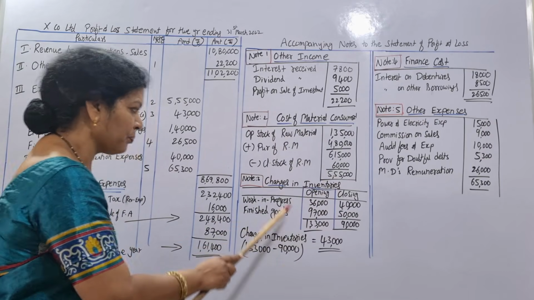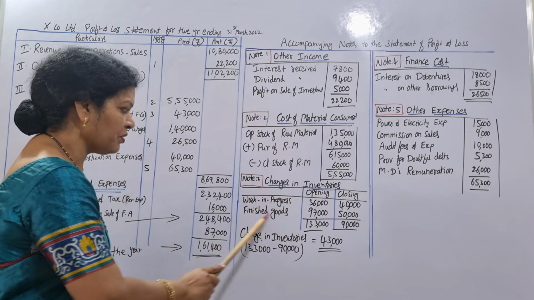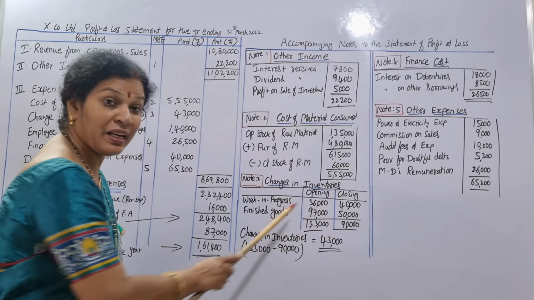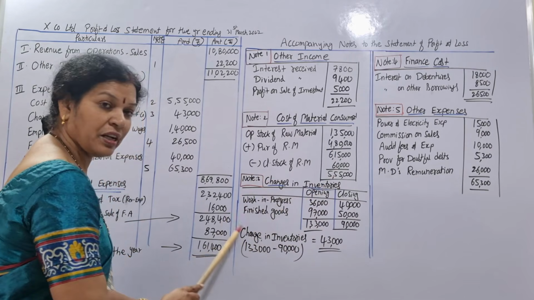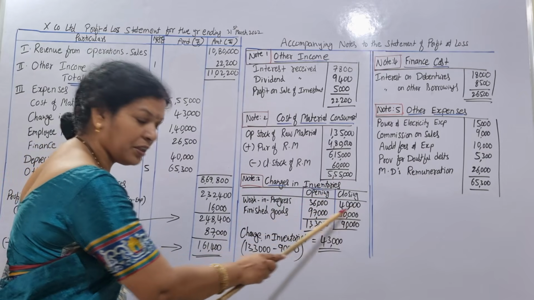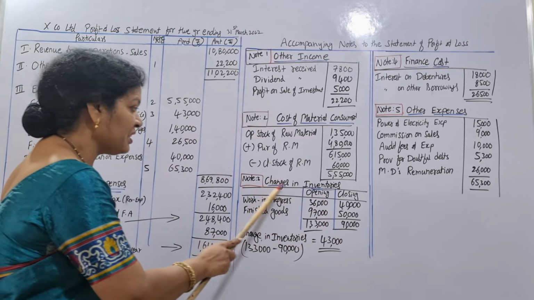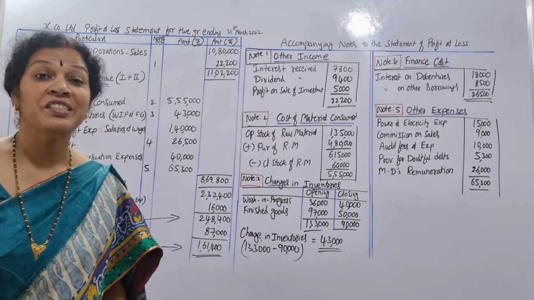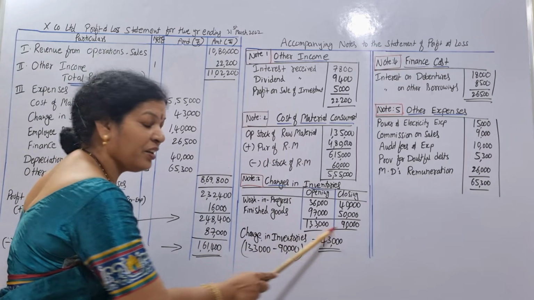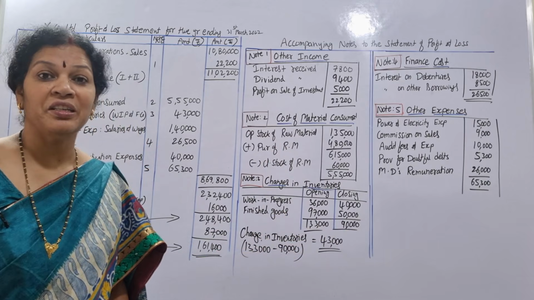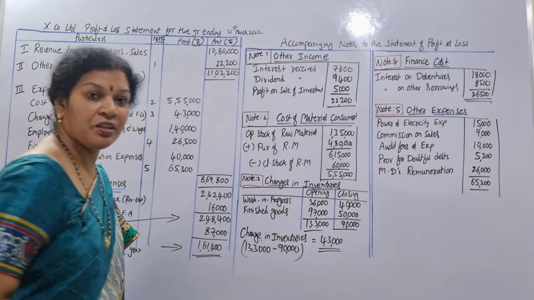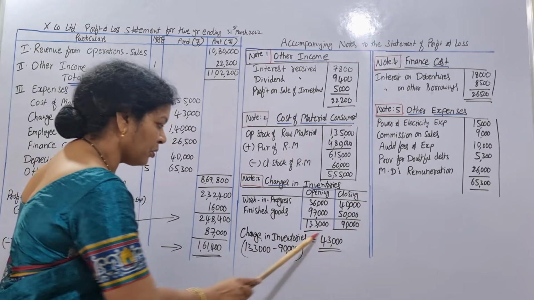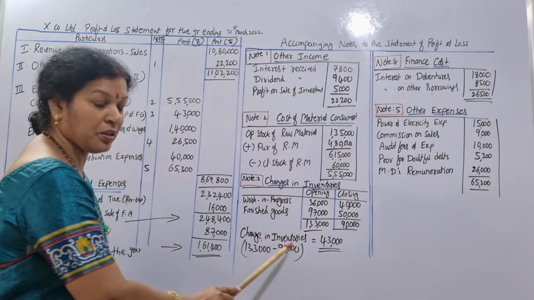The total of opening of work in progress and finished goods together is 1,33,000. The closing of both together is 90,000. What are we saying? Changes in inventories. How much is the change in inventories? The difference is nothing but the change in inventories: 1,33,000 minus 90,000, that is 43,000. Change in inventories is 43,000.